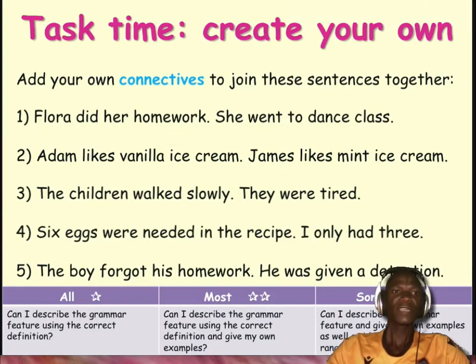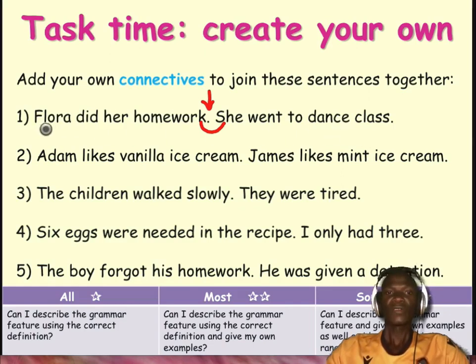Here we have: Flora did her homework, she went to dance. So we're going to join these two sentences, which means we're going to put a word in between that can join these sentences and make better sense.